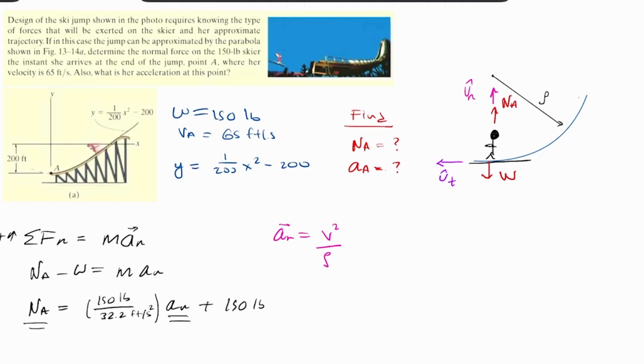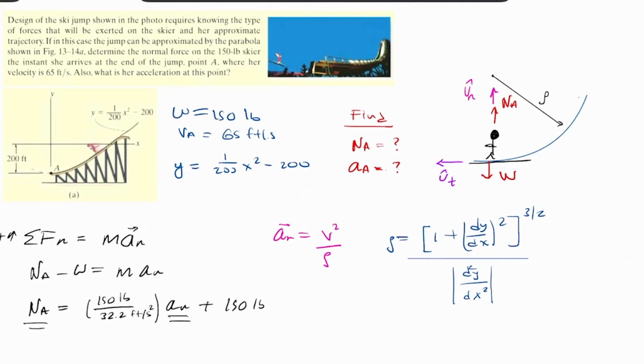So just like we did before, we can figure out the radius of curvature with the equation of 1 plus the derivative of the trajectory function squared, all to the 3/2, and everything divided by the absolute value of the second derivative of the trajectory path. So let's derive then our path.